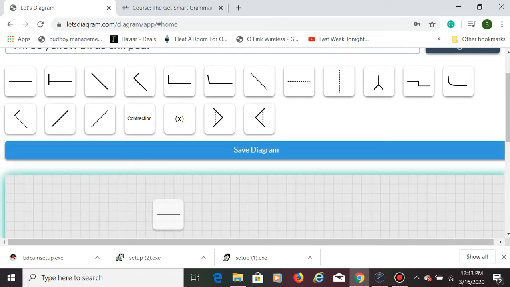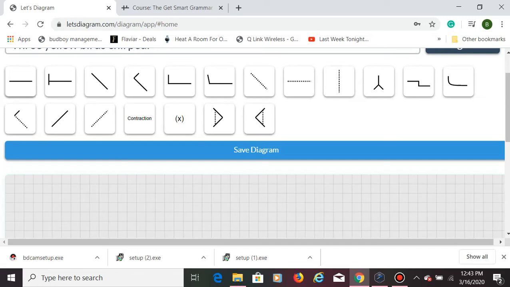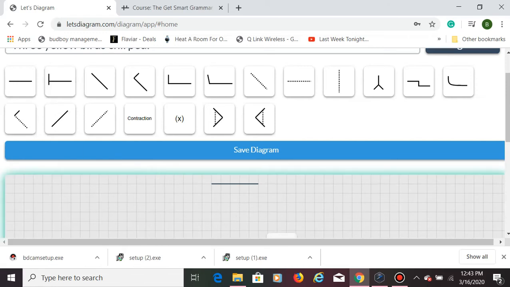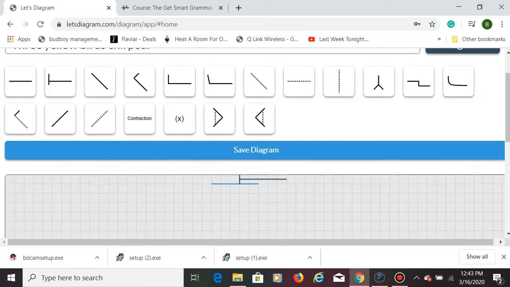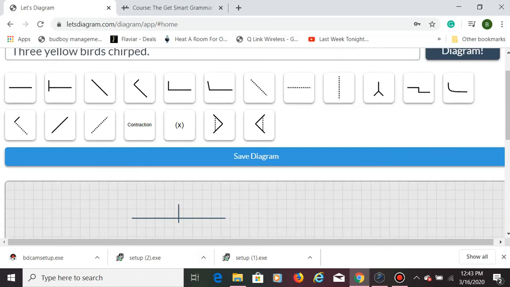We make a cross. Okay? So we do our cross, and remember that the subject goes here, and the verb goes here.